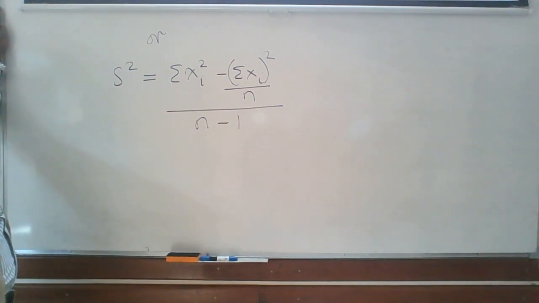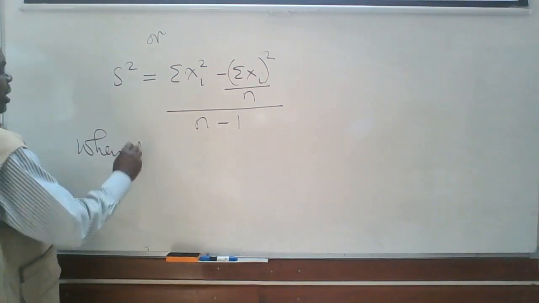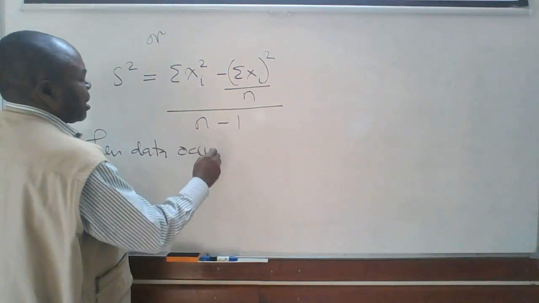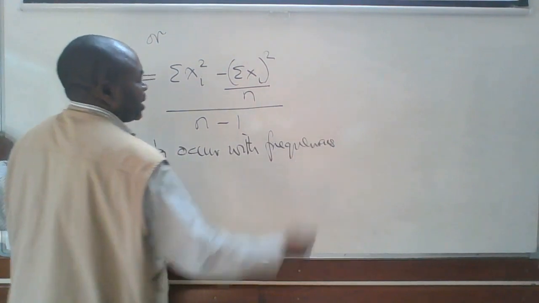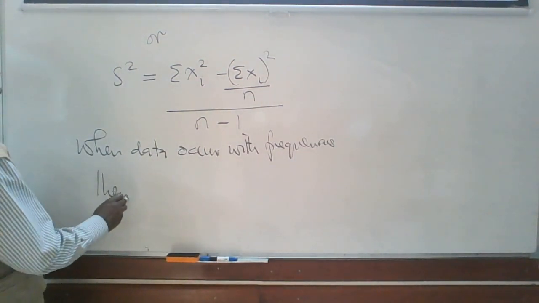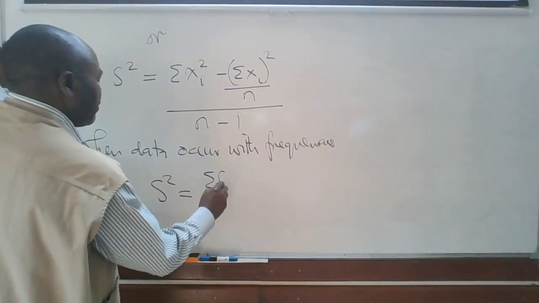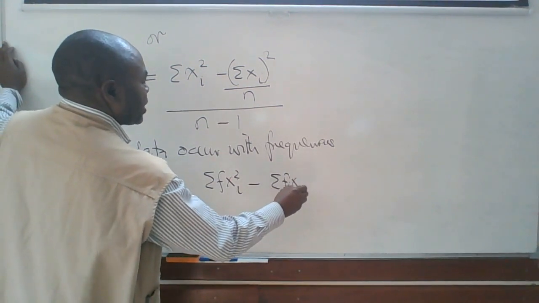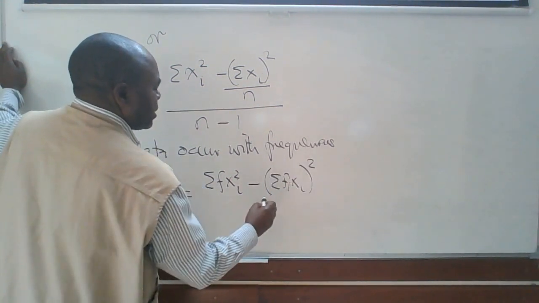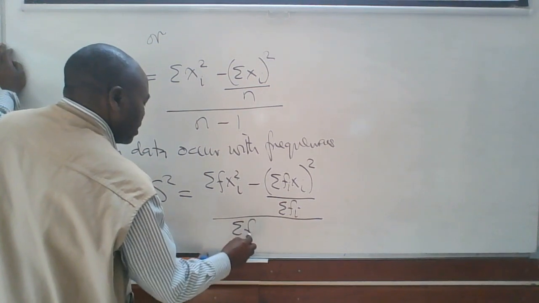Okay? Now, when data occur with frequency, I can remind you here, when data occur with frequency, or frequencies if you want, whatever makes sense, then s squared is equal to summation of f xi squared minus summation of fi xi, that squared divided by summation fi, the whole thing divided by summation fi minus 1.